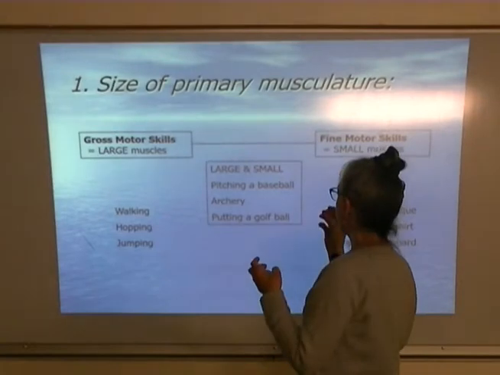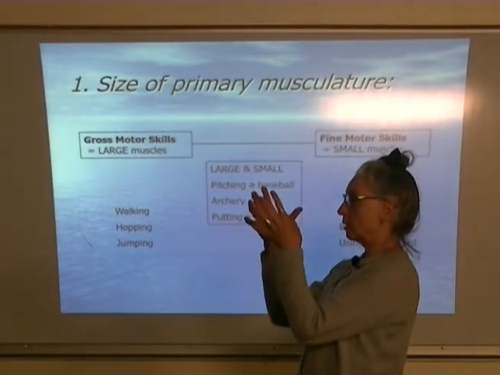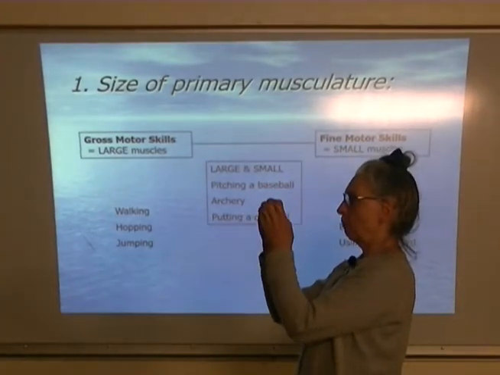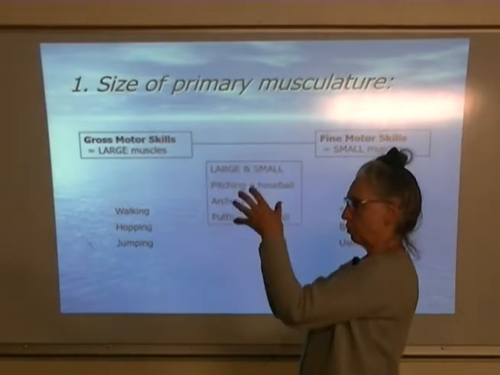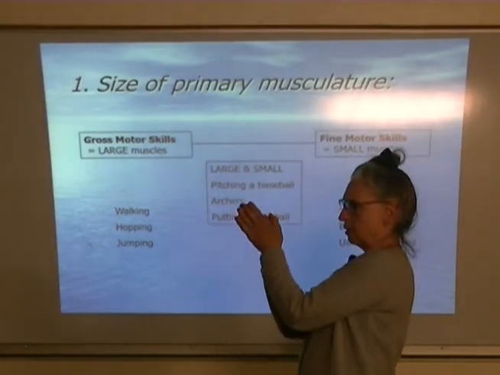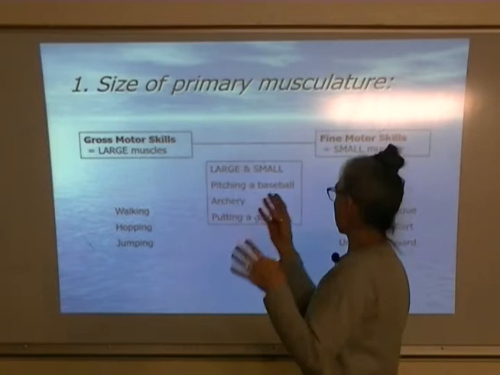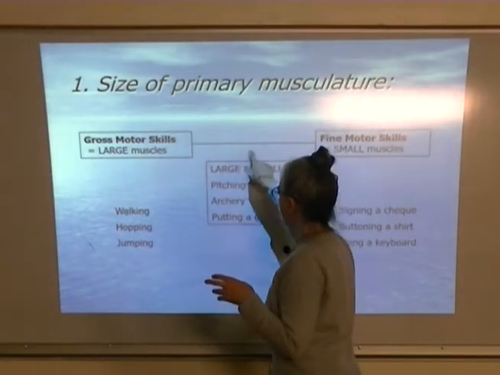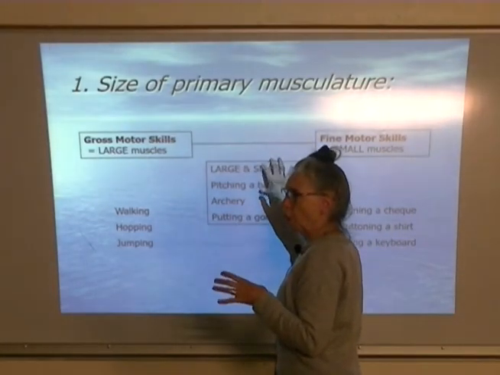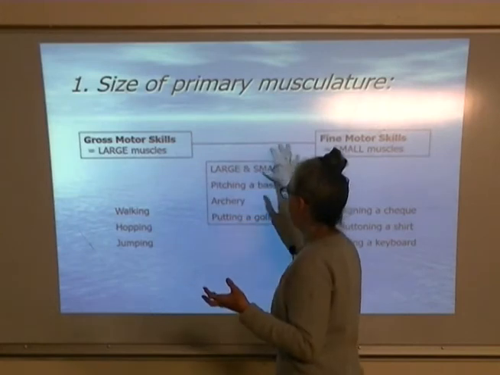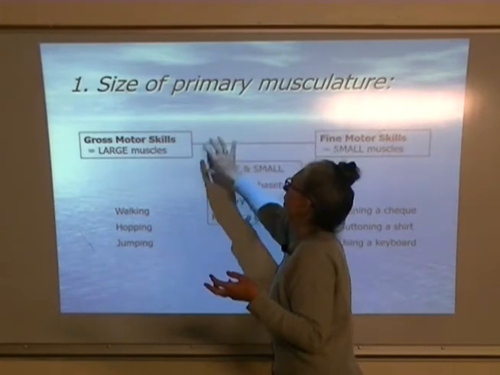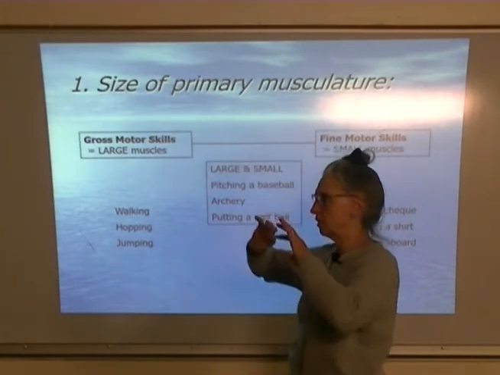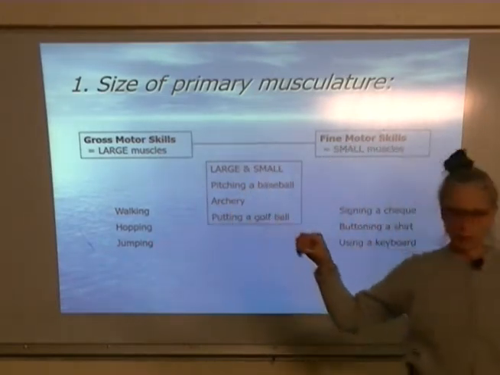So to be very, very good at pitching, we have to use large and small muscle groups, so it's going to lie on the continuum somewhere. And often sports skills end up being in that continuum rather than distinctly at one end or the other end.